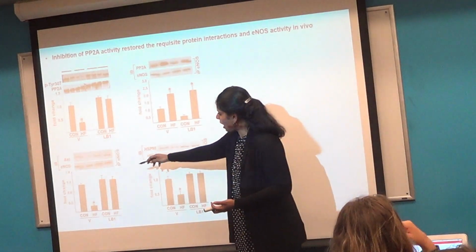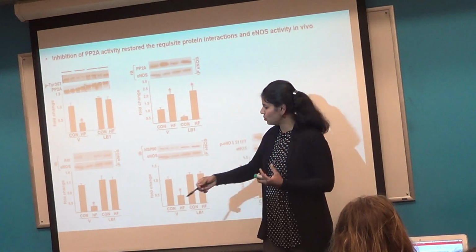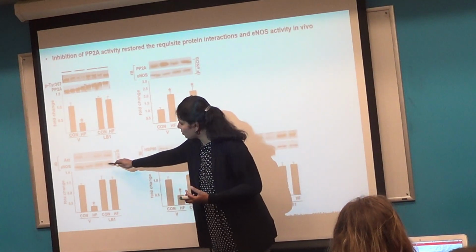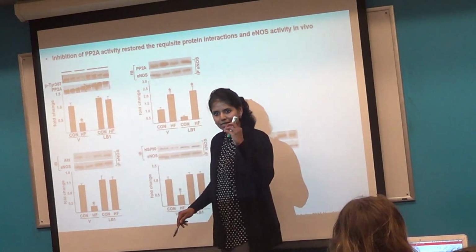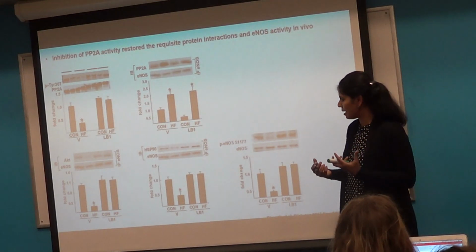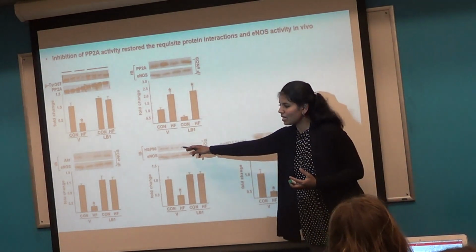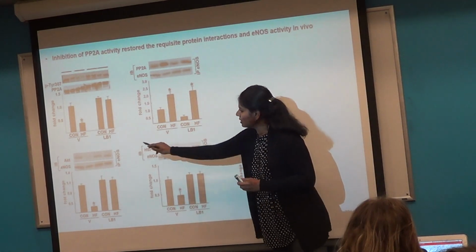And once again, if you IP eNOS, we wanted to see the whole complex, whether AKT associates with it. So you pull eNOS and you have AKT association. But with high-fat diet, we had less AKT phosphorylation there, less association, and we were wondering why that's happening. Same way with HSP90. So when PP2A pulls with eNOS, everybody else is less.